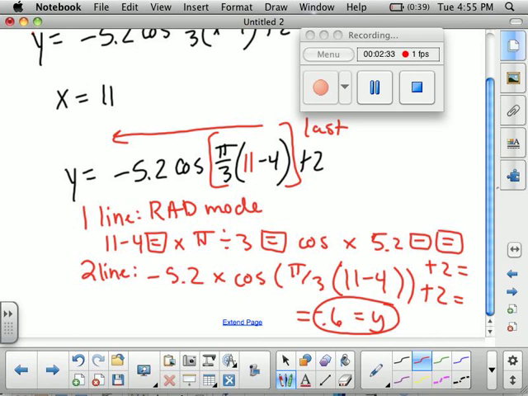Okay, now to get the x value, actually, I'm sorry, let me restate that. Now we're going to plug in a y value and get an x value. So I'm going to go ahead and copy that equation one more time.